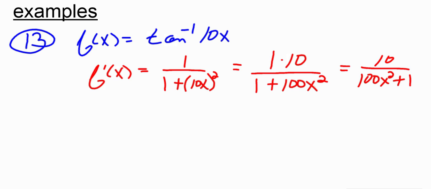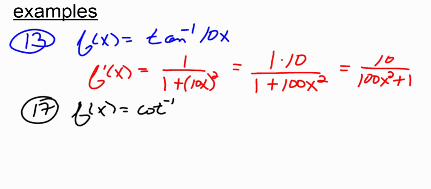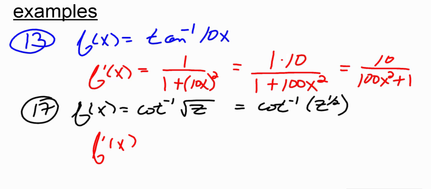If we move on to another example, number 17. Cotangent inverse of the square root of z. I'm going to rewrite this as the cotangent inverse of z to the 1/2. If I want to take this derivative, because it's cotangent, I know it's going to be a -1 over 1 plus x squared.